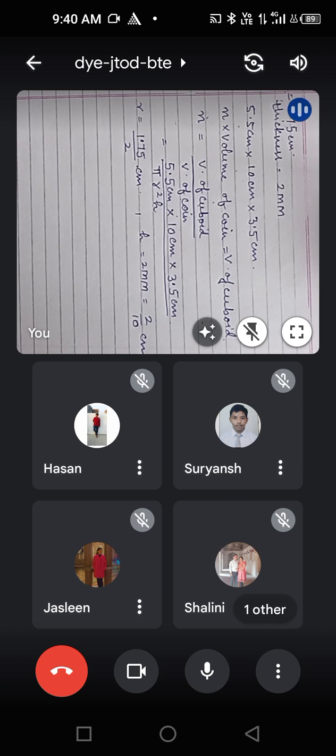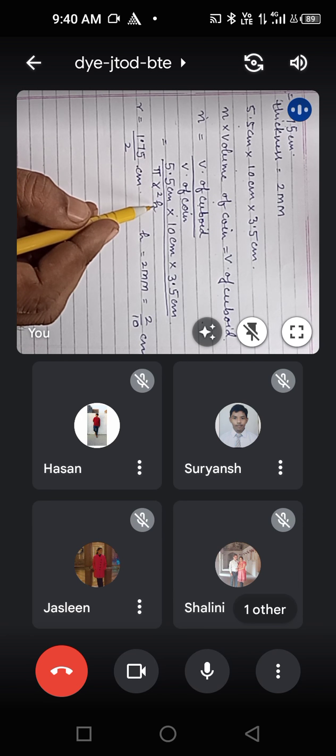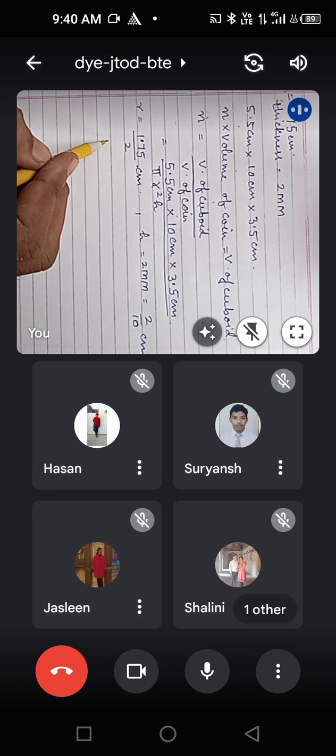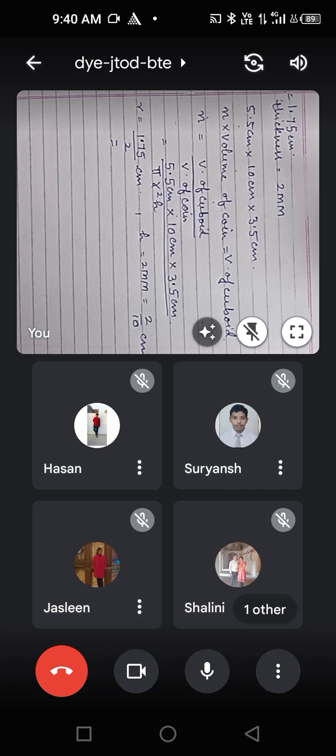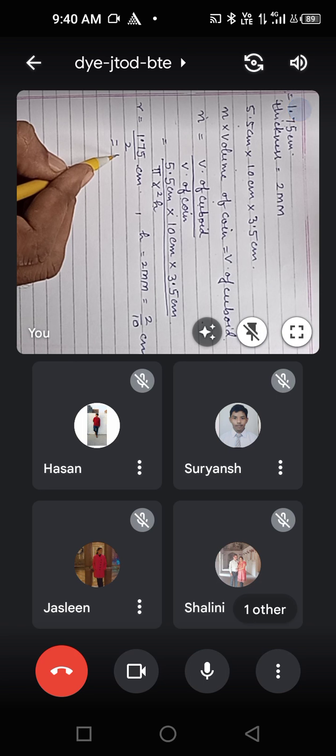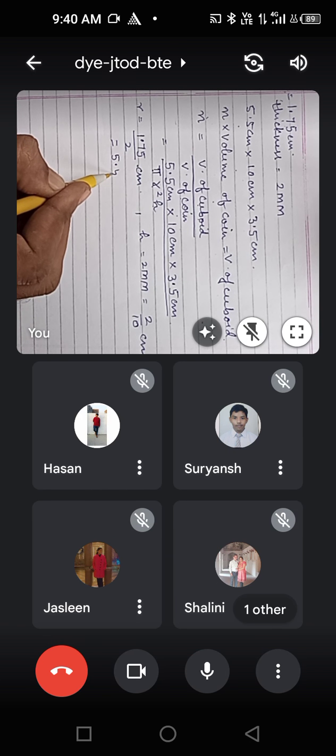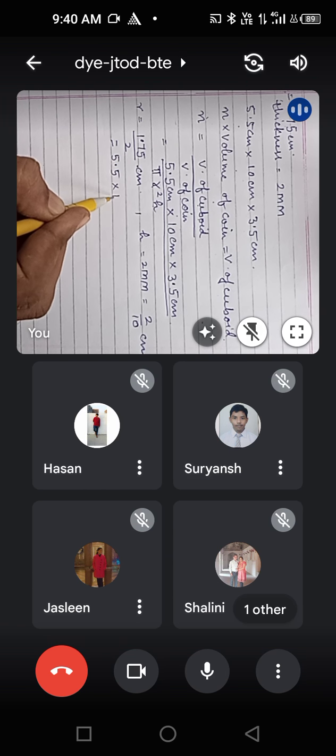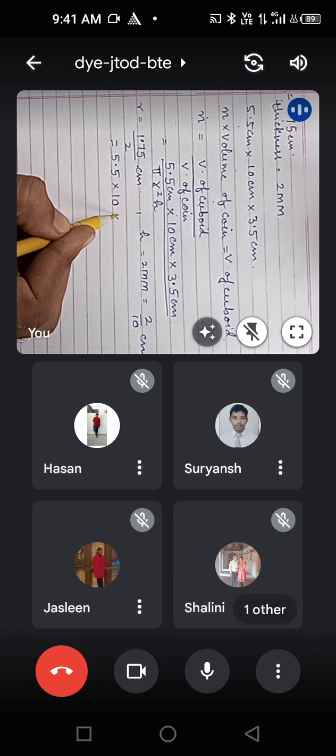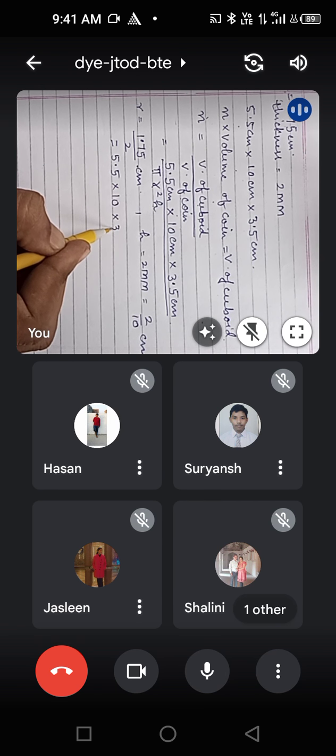So place the value of r and also the value of h, right? The value of pi is 22 by 7, because the value of pi is not given in the question, so you have to take 22 by 7. So this is going to give you 5.5 into 10 into 3.5.